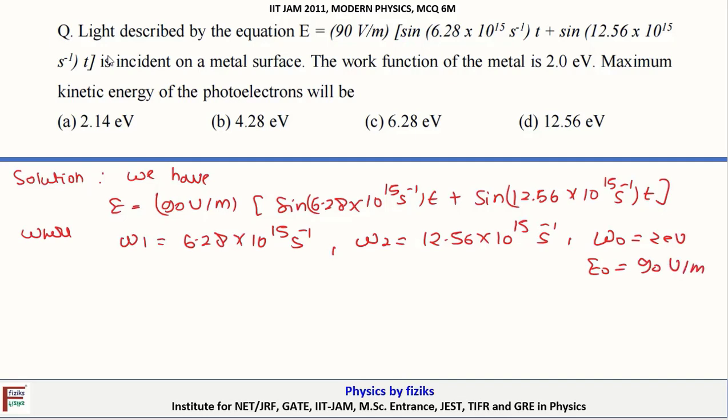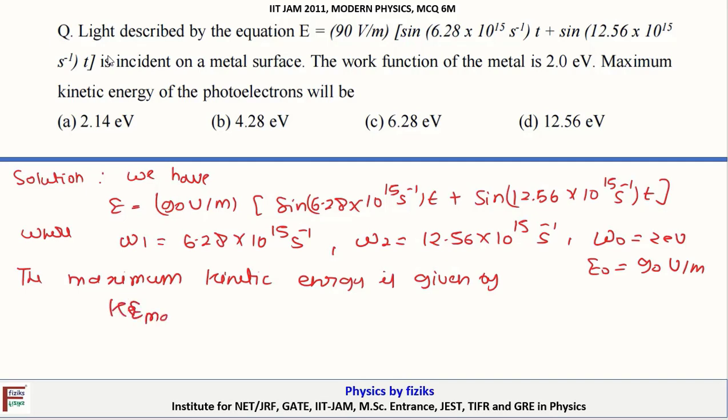Now, the maximum kinetic energy is given by KE max = E − W0.